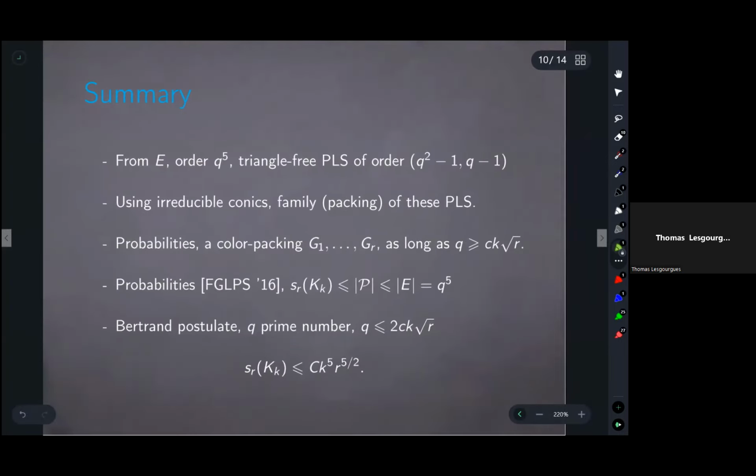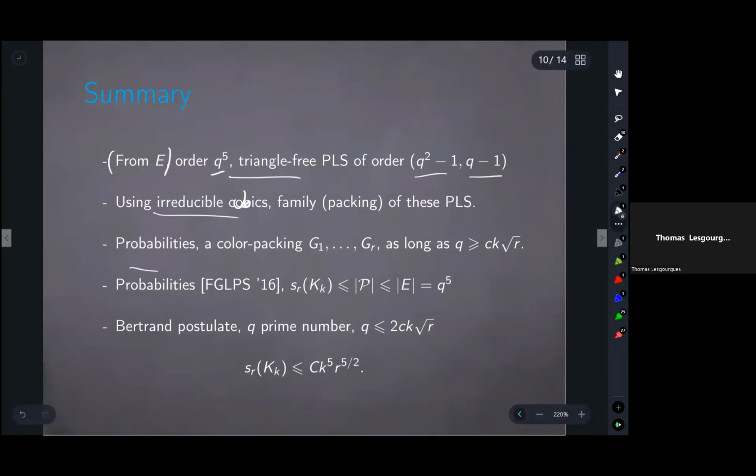Because what we've done is we started from the group E, the Heisenberg group of order q^5, and using Cantor construction, we now have a triangle-free partial linear space of order q^2, q minus 1. Using the Hansen-Mullen conjecture and irreducible cubics, right? We now have a family of these partial linear spaces with nice conditions, so they don't intersect and so on.